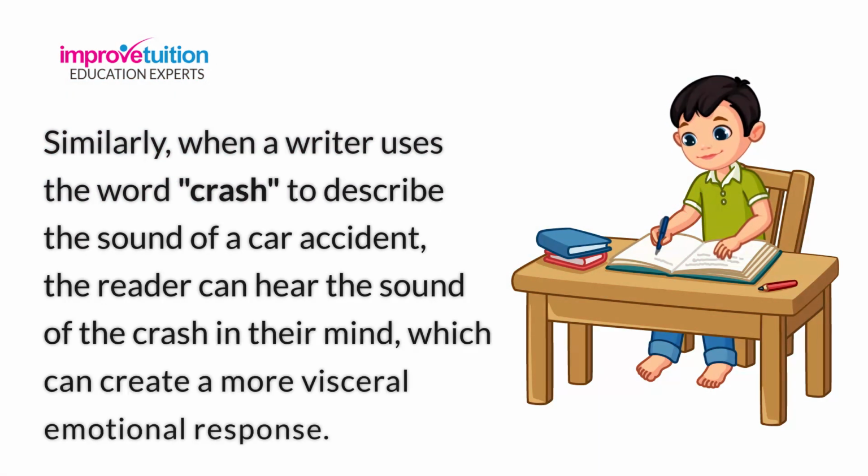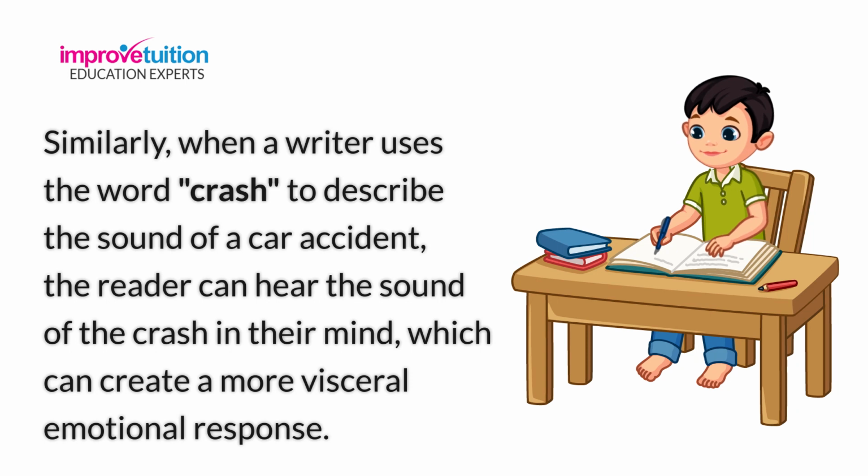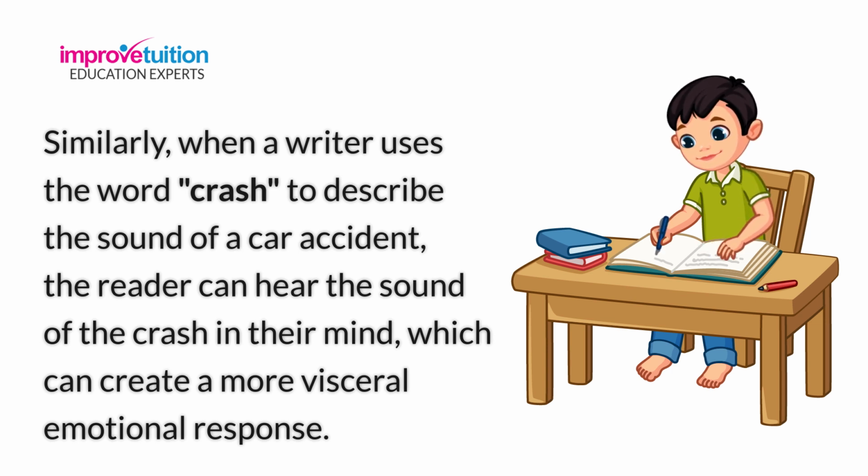Similarly, when the writer uses the word crash to describe the sound of a car accident, the reader can hear the sound of the crash in their mind, which can create a more emotional response. So it creates more of a visceral emotional response.